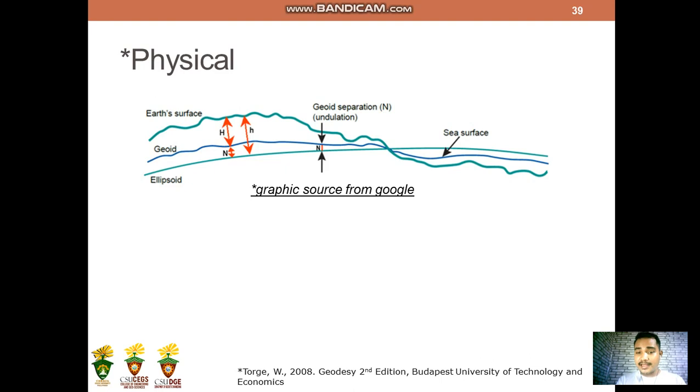So ang pag-determine ana nga height is ang problema sa physical geodesy, sa physical na aspect, and ang kanang geoid, muna siya ang mo-approximate sa Earth surface and the ellipsoid. Ano na may ellipsoid, sir? Again, out from the geoid surface, si ellipsoid ang represent ana nga geoid.